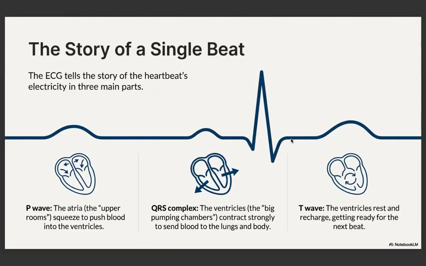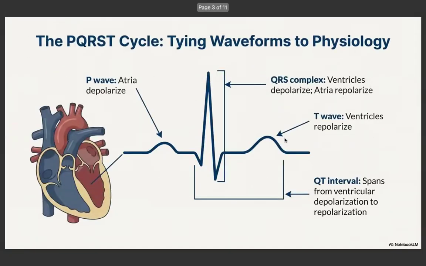So when we talk about our Q interval, actually I have a slide. Let me wait. So P wave, it's atrial depolarization. QRS complex, atria at this point should be repolarizing. Ventricles are depolarizing. T waves are the repolarization of the ventricles.